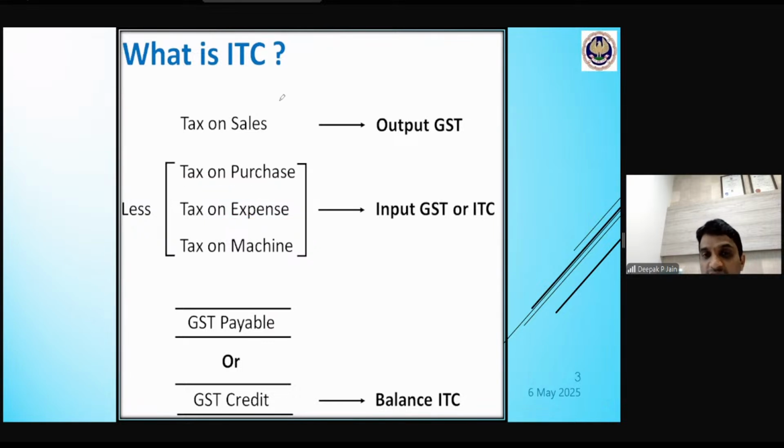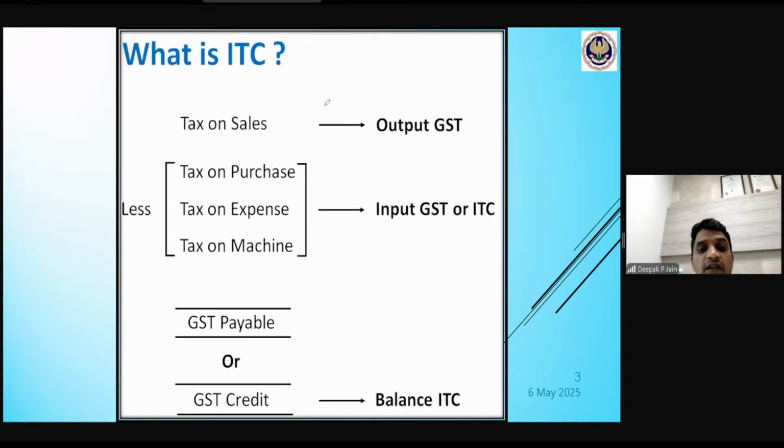Any expenses which we incur for the purpose of business, on that also when GST is charged, we can claim it. And any capital assets, machineries, furnitures, equipments, whatever you purchase, all of that is also available. All of that put together is called input GST, or also called ITC. The full form of ITC is input tax credit.